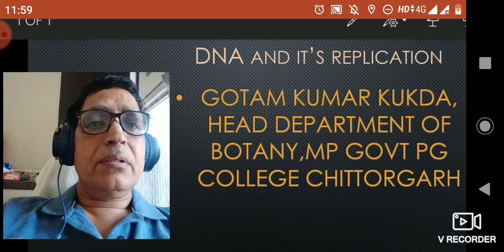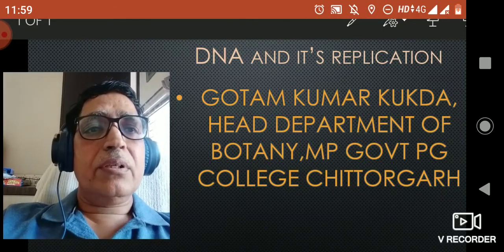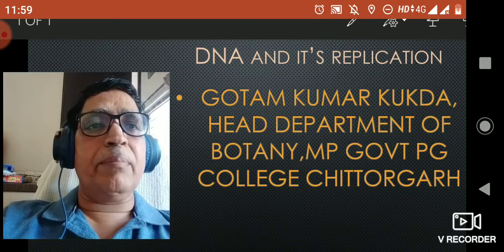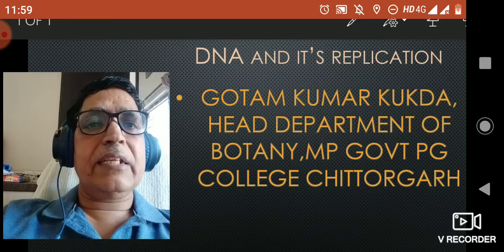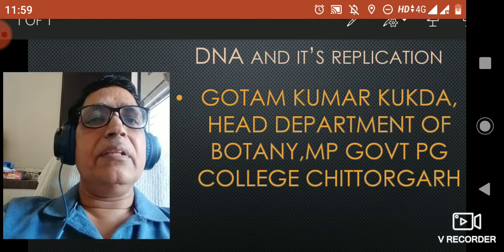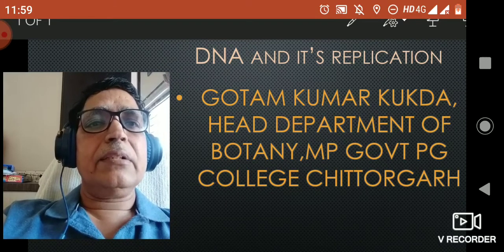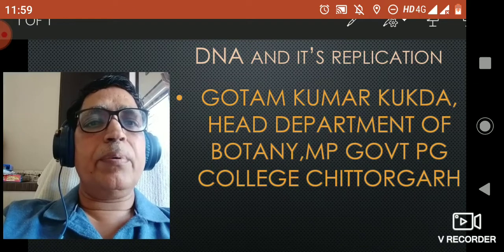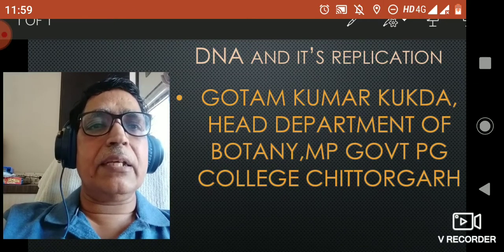Now when the replication fork has been prepared, the two strands are formed as a platform for DNA replication. The first strand is the leading strand, and the other strand is the lagging strand. On both strands, the formation of DNA is always in the 5 prime to 3 prime direction.